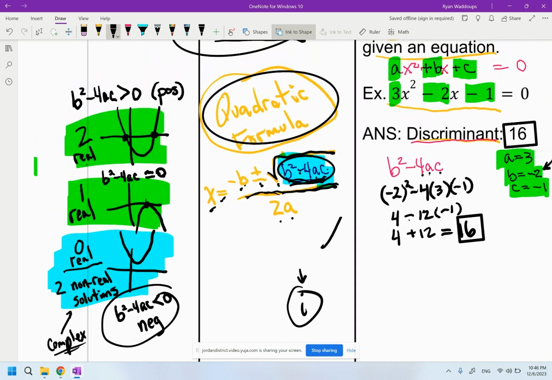It's that part that goes under the square root. And if you have a square root of a negative number, like say if I had the square root of negative 1, the square root of negative 1 is the imaginary unit i, and that's why we would have imaginary roots if your discriminant is negative.